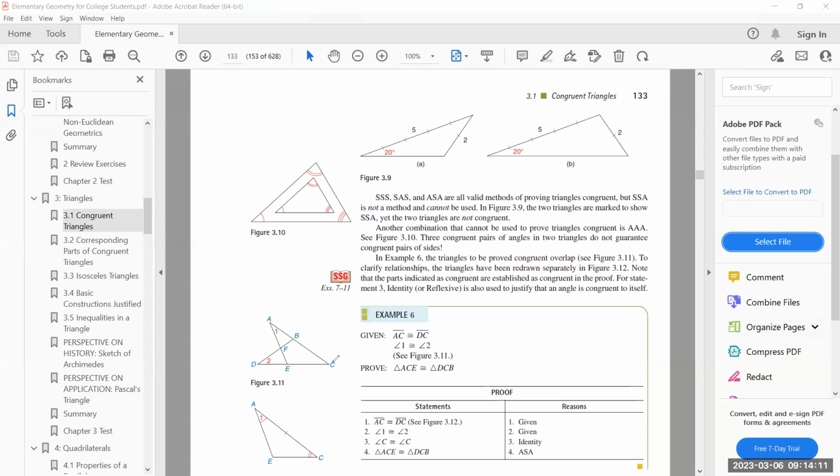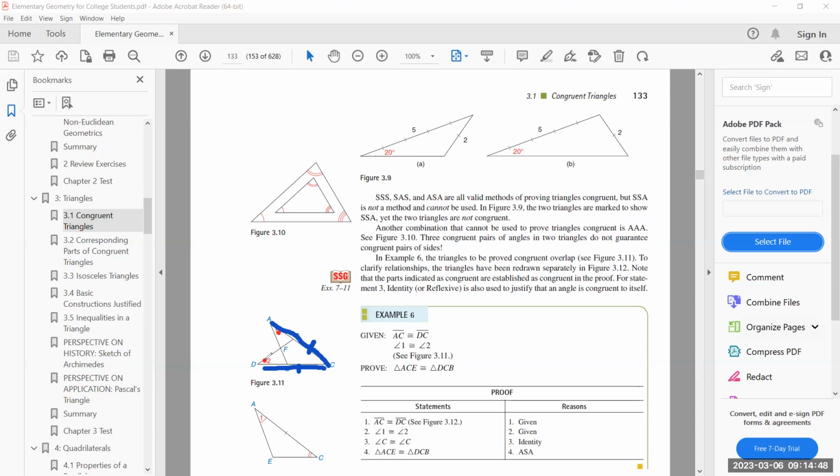So AC, this long segment right here, is congruent to DC, which means that these two blue segments are congruent to each other. And we're also given that, up here, angle 1 is congruent to angle 2, okay?